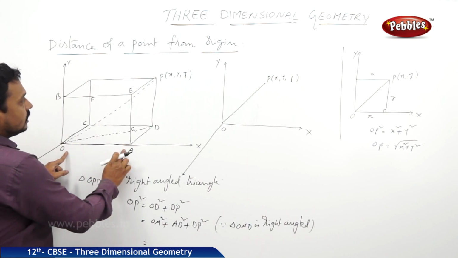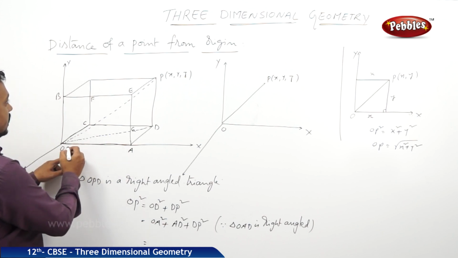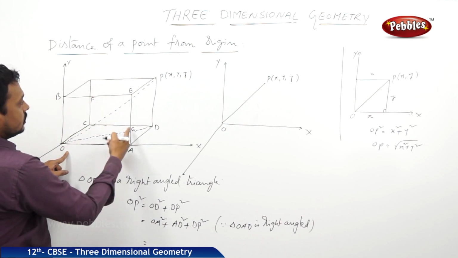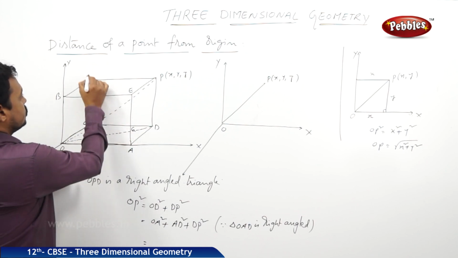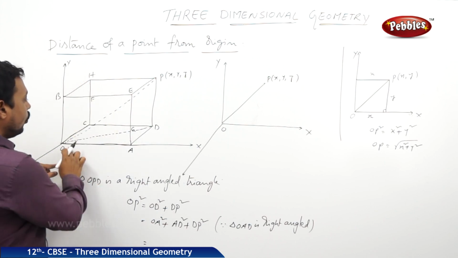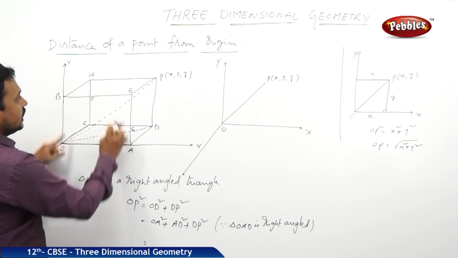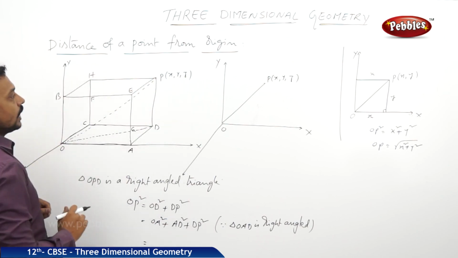OA is equal to, here let us take some point. This point is H. Now OA is equal to HP. OA is equal to HP in the cuboid.